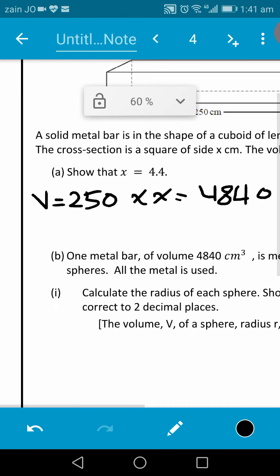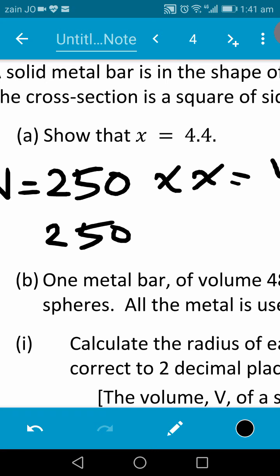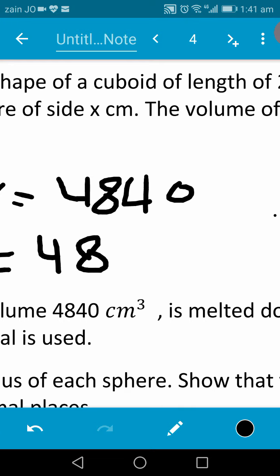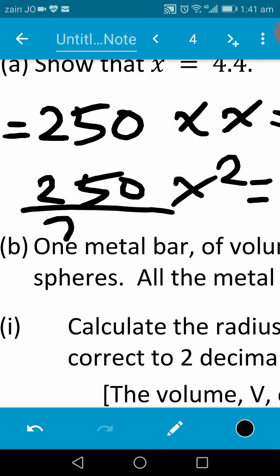You get 250 x squared equals 4,840. Now divide both sides by 250.